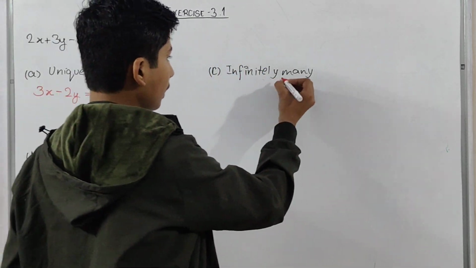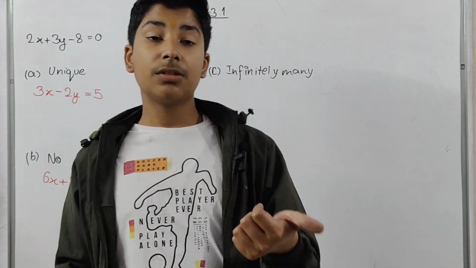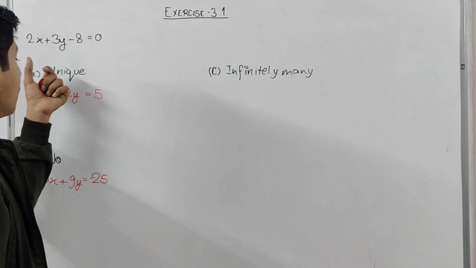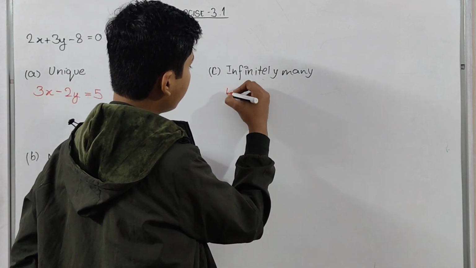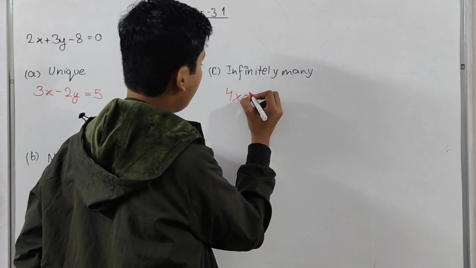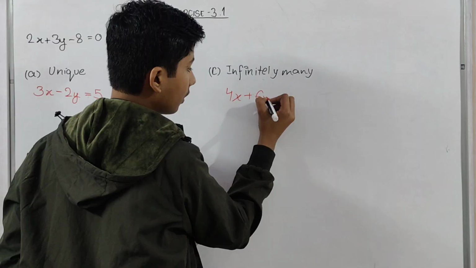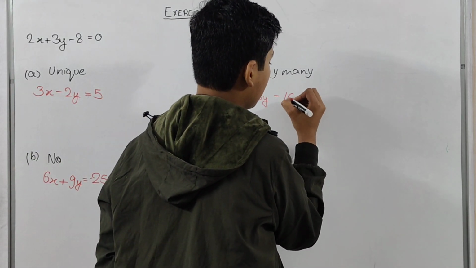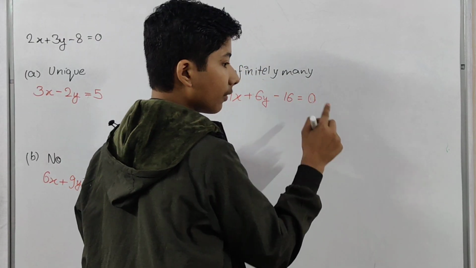Now for infinitely many solutions, we'll just multiply this equation with a specific number. So we'll multiply it by 2: 4x plus 3 into 2 is 6y, minus 8 means minus 16, equals 0. We multiplied the whole thing by 2.